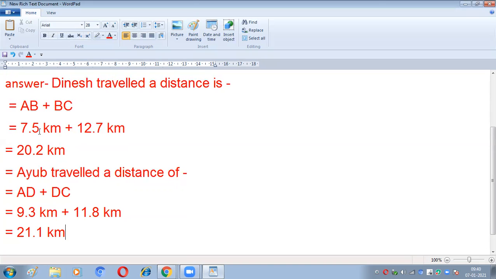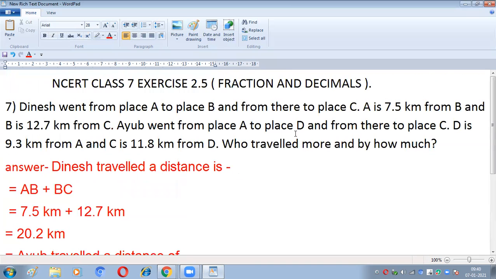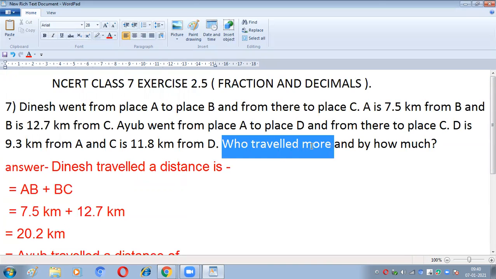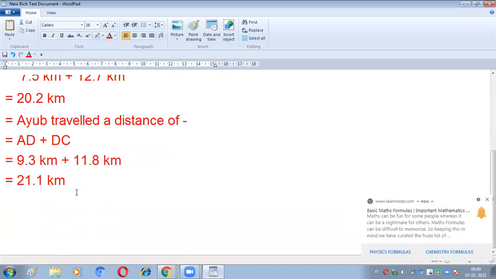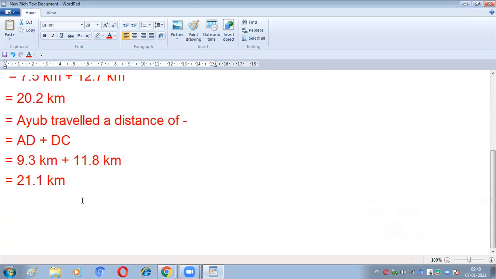So we have found the distance Dinesh traveled and Ayub traveled. Now here it is asked who traveled more. So first we will solve who traveled more, and then by how much. Who traveled more, Dinesh or Ayub?